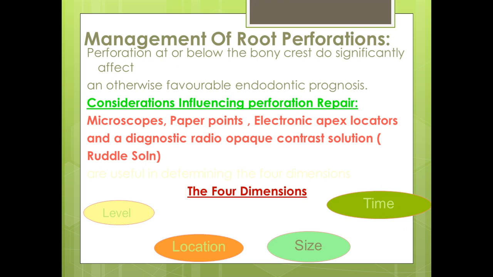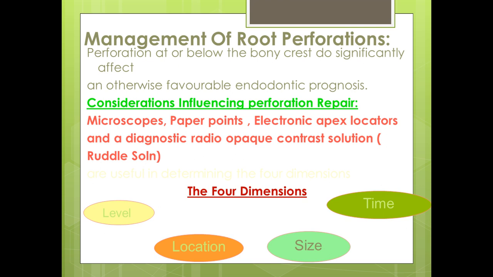If the defect is small, hemostasis can be achieved easily, and the perforation can be sealed and repaired during three-dimensional obturation of the canal. But if the perforation defect is large, moisture control will be difficult for us, so one should prepare for a surgical approach to the perforation repair.